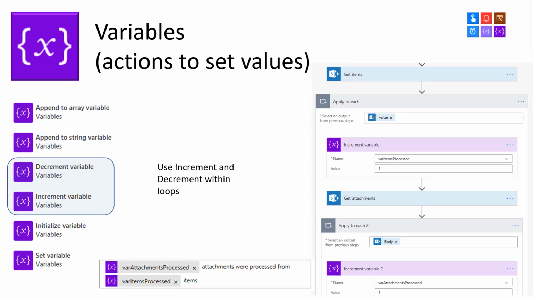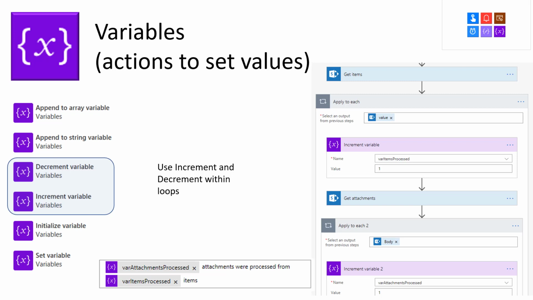And lastly, you can increment or decrement variables. I think you would always use them within a loop. So in this example, I'm getting items from a SharePoint list, so that means all of the items in the SharePoint list. And there's an apply to each loop that comes after that because it's multiple items.